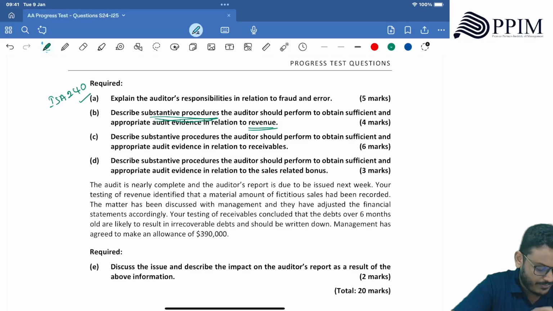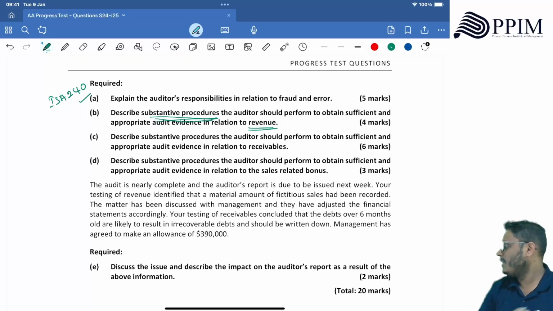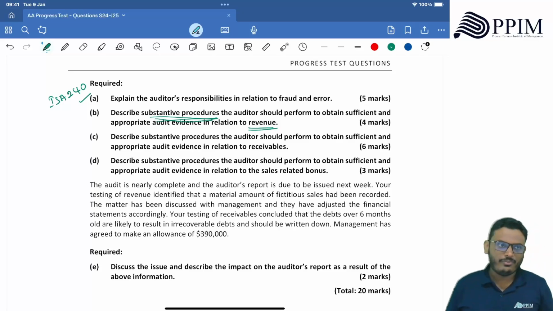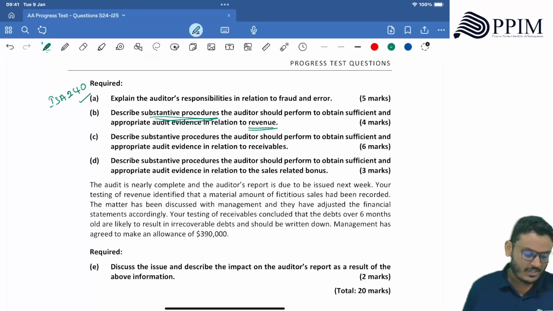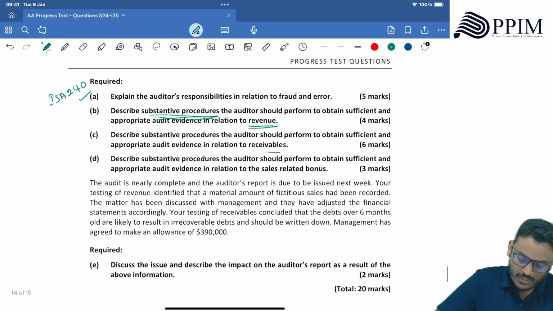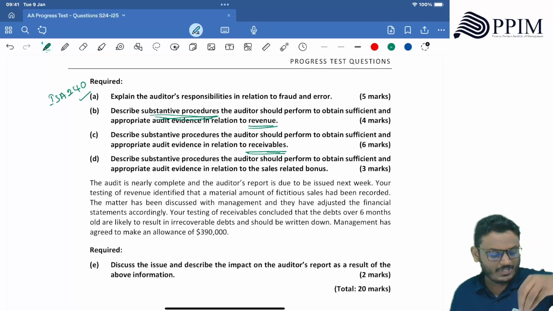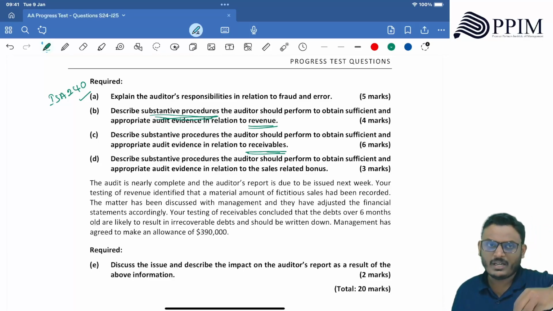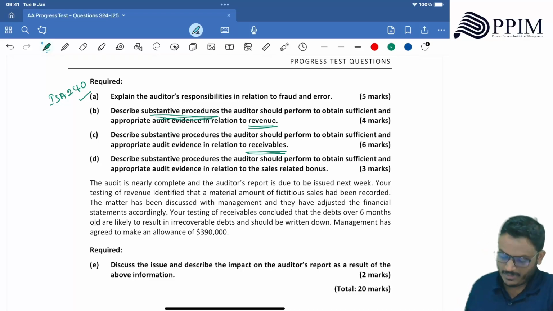Revenue is a P&L element; cut-off, occurrence, accuracy, all these things will be tested. Describe substantive procedures the auditor should perform in relation to receivables. It is not a difficult question because the verb is substantive procedure and they asked to perform over receivables.